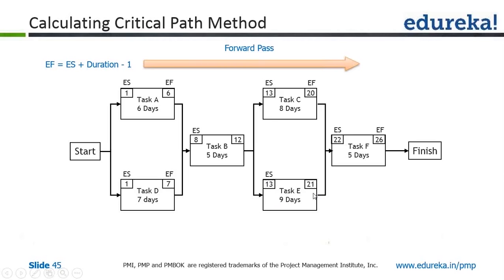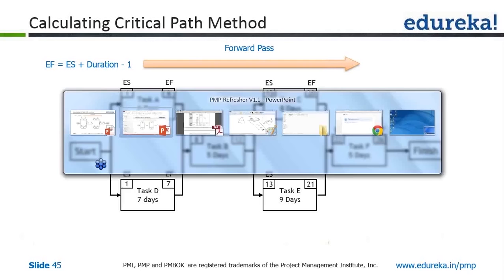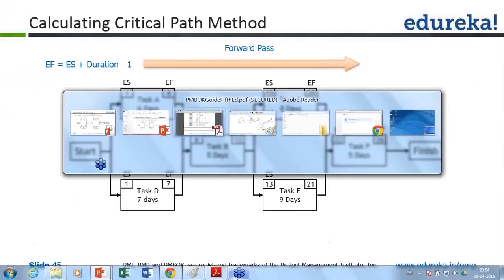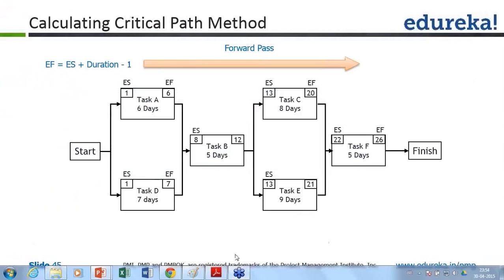Finish of these two activities will kickstart task F. F has two predecessors, so it cannot start until both are finished. So the earliest start date for F is day 22, and having a duration of 5 days, it will get over on day 26. This is our forward pass, where we calculate the earliest possible start date and early finish date for each and every activity.